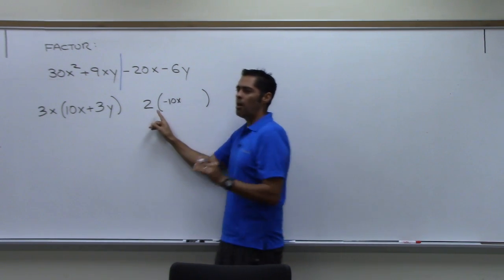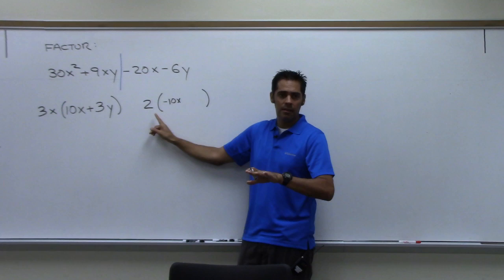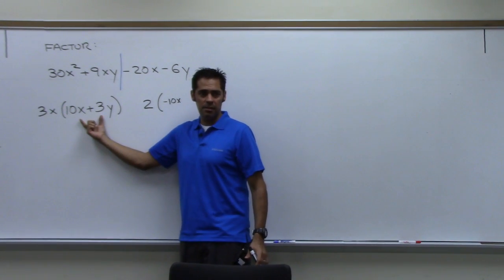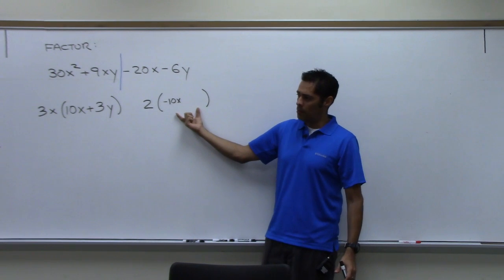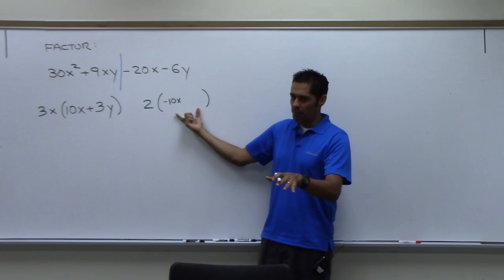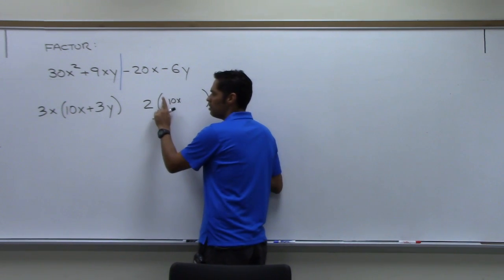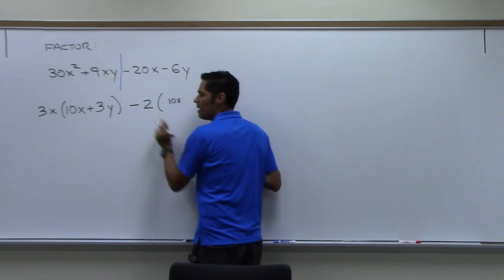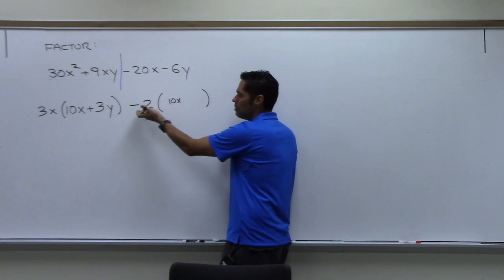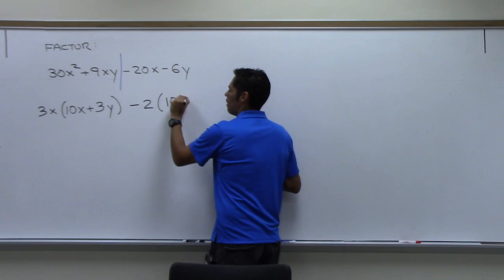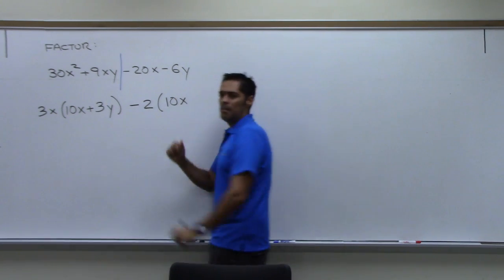Now, there's a little bit of a problem we should see right here. And that's, in order for grouping to work, what's in this parentheses must match exactly with what's in this parentheses. And it's going to be off a little bit, right? By the negative sign. So instead of pulling out a positive 2, let's pull out a negative 2 instead. And now when you do this times 10x, you will get at least these 2 first pieces to match, right?